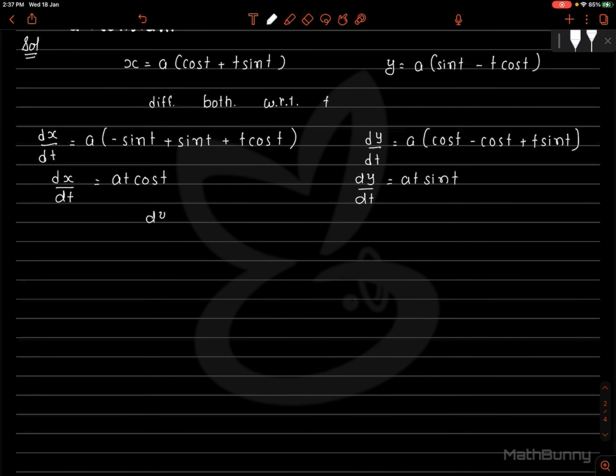We can find dy upon dx is equal to dy upon dt into dt upon dx, which would be equal to at sin t upon at cos t, which is tan t.